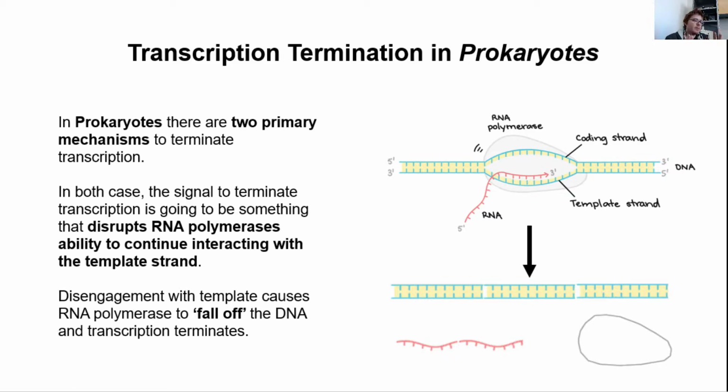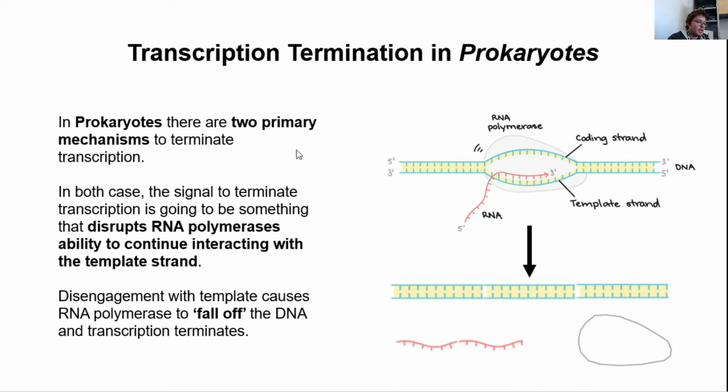And in prokaryotes, there are two primary mechanisms that can be used to terminate transcription. So this polymerase is going along here, it's making RNA, it's got this nice bubble, and then there's going to be some mechanism here by which whoop, the bubble is closed, the polymerase leaves, and the RNA is produced here, right?